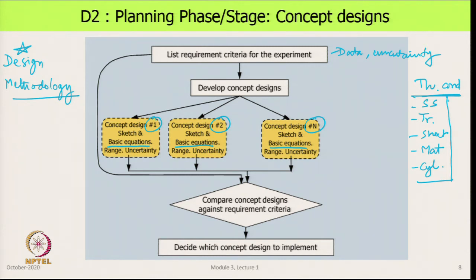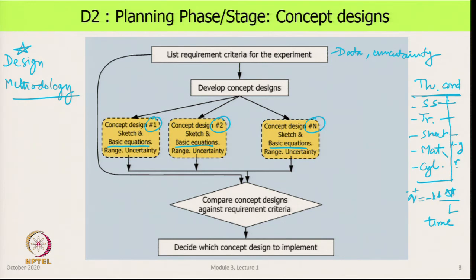The basic equations could be different. For example, in this thermal conductivity case, this could be the straight equation that Q dot is equal to minus K A delta T by L. In the transient case, we will have a time issue coming in. In some of these, the equation would be in xy coordinates, in this case, in radial coordinates or cylindrical polar coordinates.